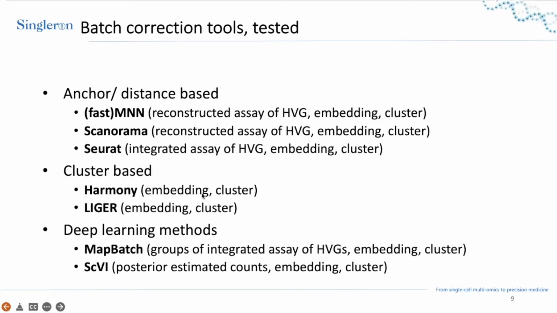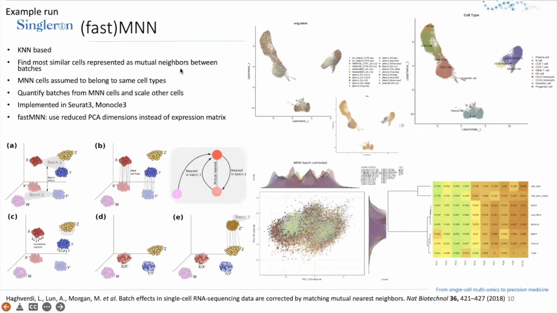They return more of the clusters. And the deep learning methods have the capability of returning both the corrected counts for each of the genes and the embeddings, which help to derive the proper clusters from the experiments. So let's observe the results we obtained from each of the tools.